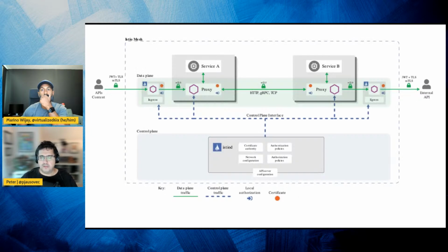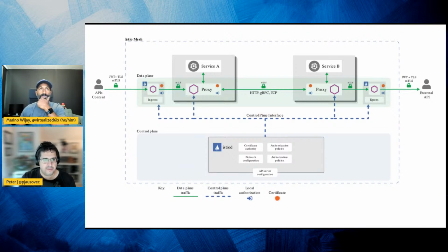So I'll start with this one. Let me just check if I have any notes here. I don't remember. This is a similar screenshot to the one Marino showed yesterday. This one shows everything, but at this point, I think we're far enough into all the topics that a lot of things should already make sense and be familiar.